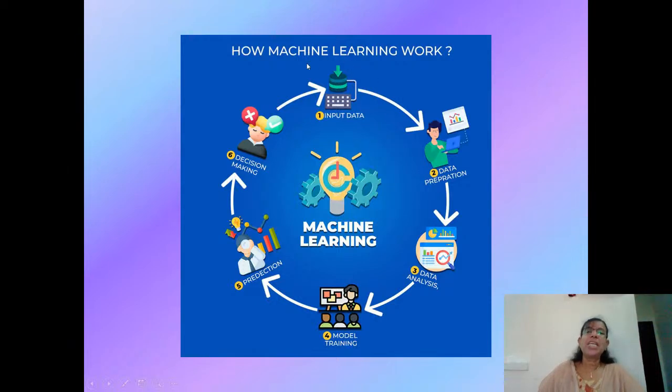First I will give the input data. First I will take the input data and then I will prepare the data. Before using the data, I need to prepare it. So what do you mean by data preparation?